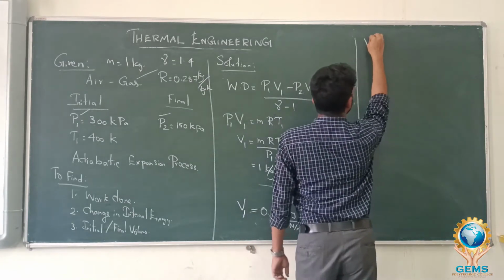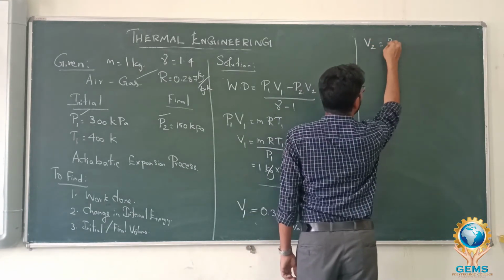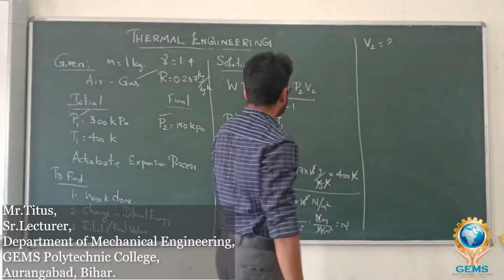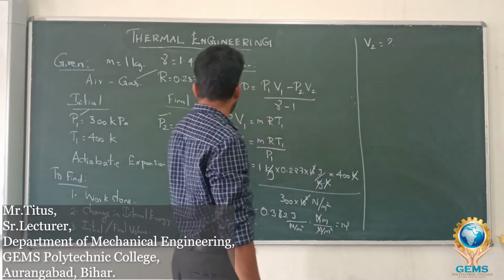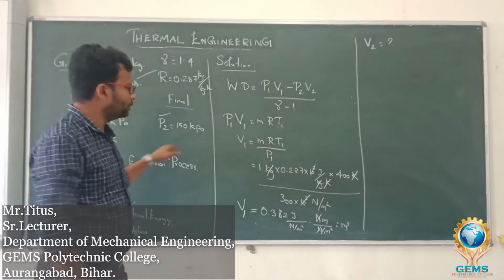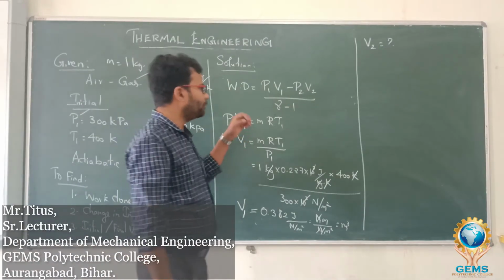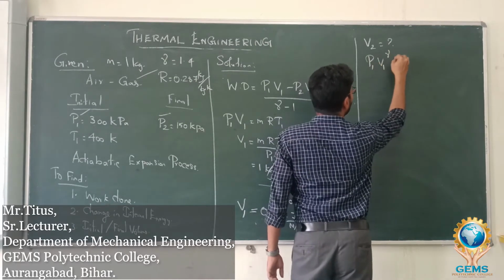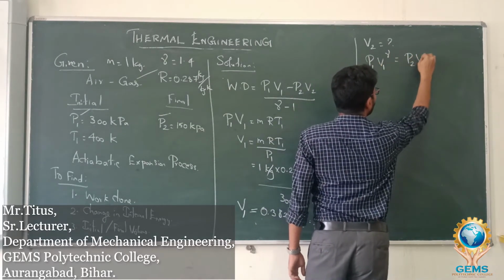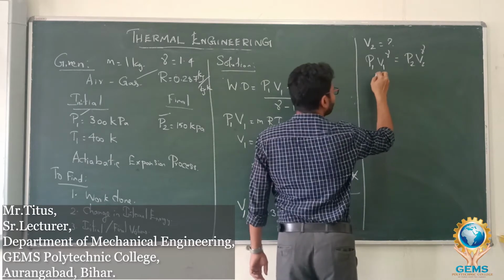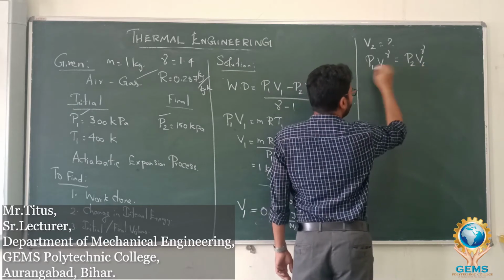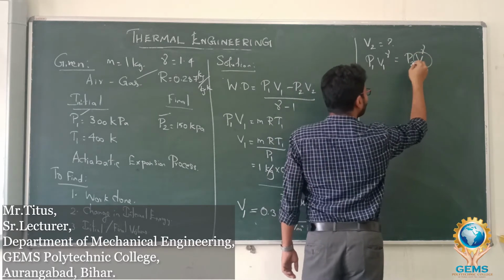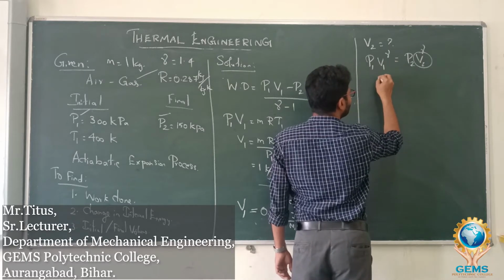Now we have to find the value of V2. Since the final condition is attained by an adiabatic process, we use the formula P1 V1 to the power gamma equals P2 V2 to the power gamma. To find V2, I bring the other terms to the other side.